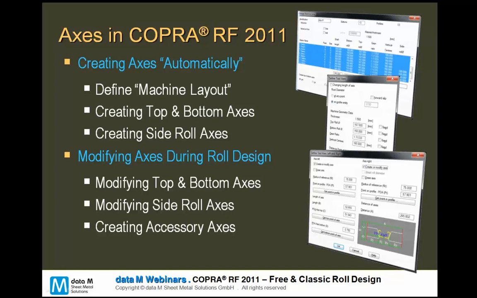Following this, we'll look at modifying these axes during roll design: increasing and decreasing top and bottom roll axes diameters, modifying the side roll, and then creating some accessory axes.